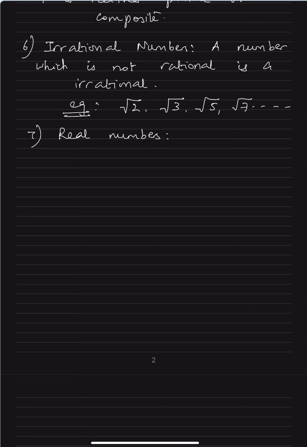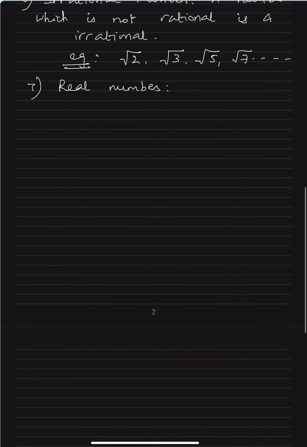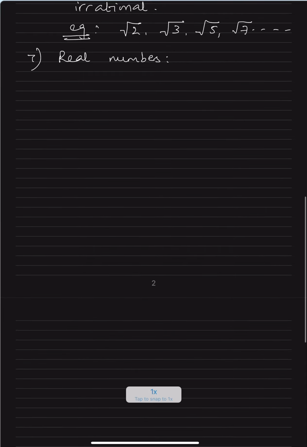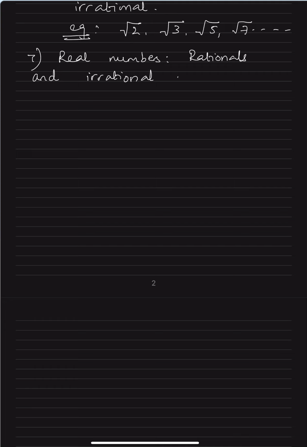The rational numbers and irrational numbers together form real numbers, that is R. That means all rational and irrational numbers together are real numbers and they are denoted by R. Okay.